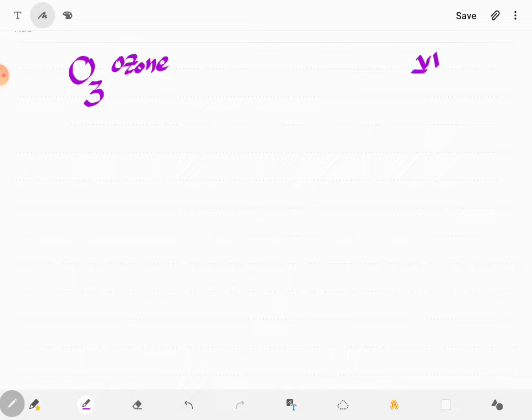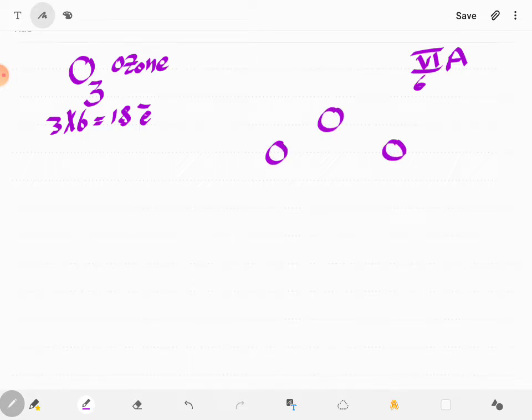Oxygen is group 6A as I taught, so it has 6 electrons, so total electrons 3 times 6, 18 electrons. So what is the central atom? Of course all oxygen. So oxygen, oxygen, oxygen, and we will make one bond between the central one and those.